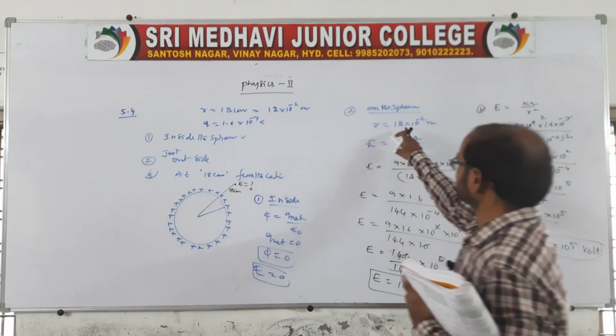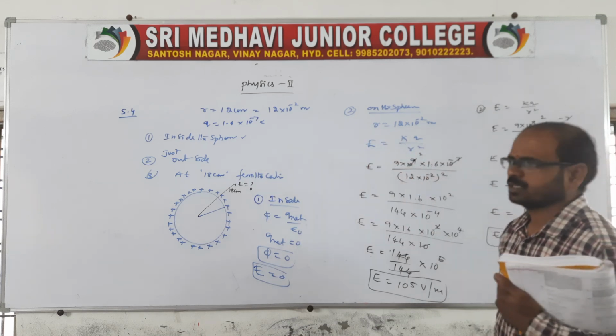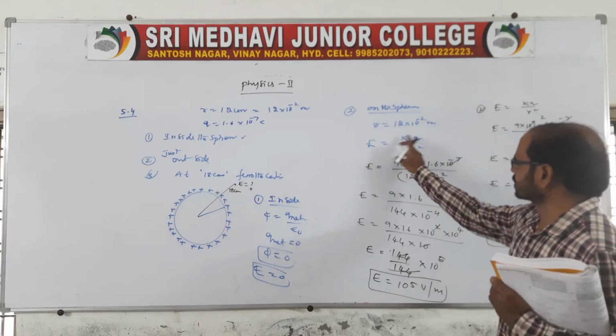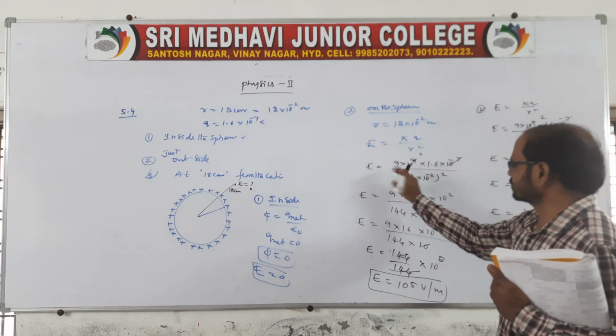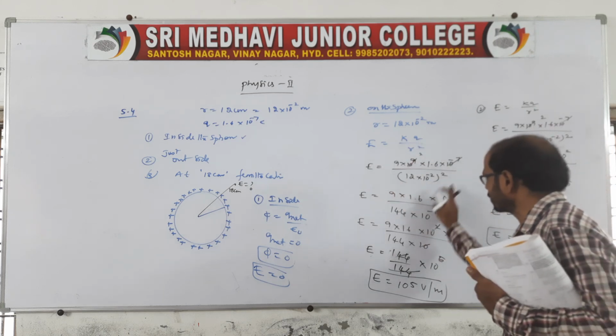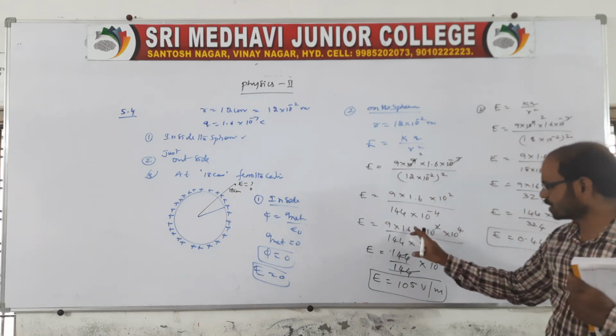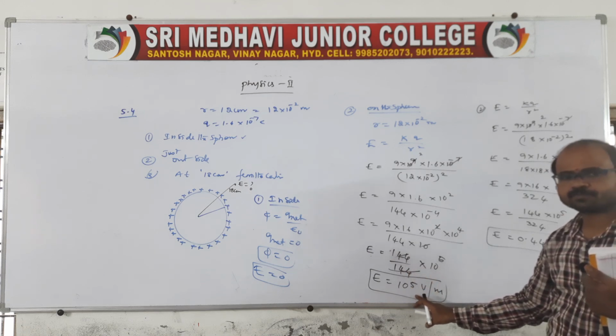And you go for the second case, on the sphere, or just outside. So the formula will be E is equal to KQ by R square, of course. R value we know, so here E is equal to K into Q by R square. Substitute all values and do the calculation like this, so that it is 10 power 5 volt per meter.